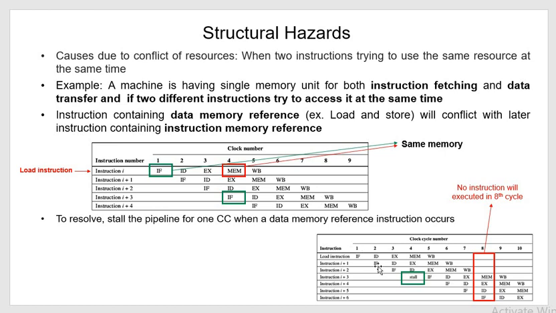But due to this delay, there will be no execution of any instruction in the 8th clock cycle. So the total execution time of the program will be increased by 1 clock cycle, and that will be the clock cycle consumed by the stall. So this is the impact of the structural hazard on the performance of the program.